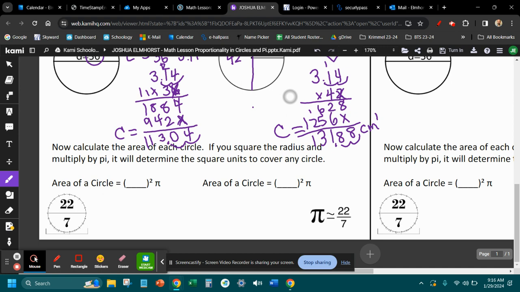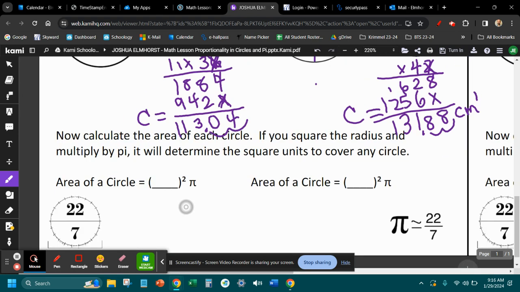So the last one down below is an intro for tomorrow. We're going to calculate the area of circles also. And the area of circles is going to be based on the radius. So area is square units. Square units, let's identify that. And in order to get square units, we need the square of something.